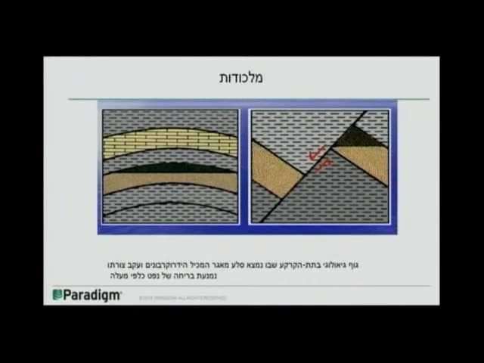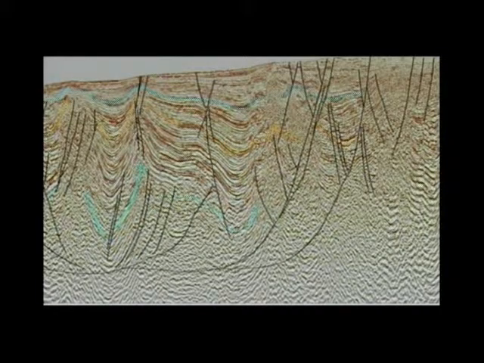Traps are of different shapes. Sometimes it's an anticline or some closed structure which has to be closed from all directions. It could be around faults. Faults are of high interest to the industry. And here is an example of a seismic data set, complex structures.